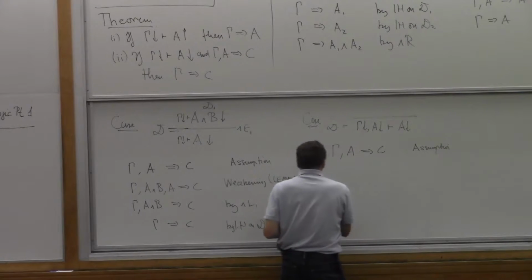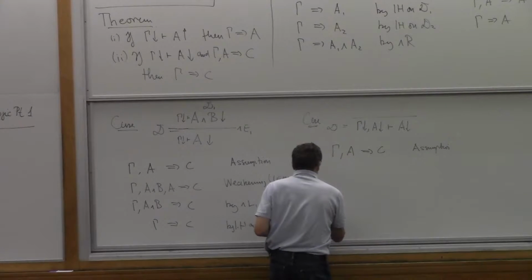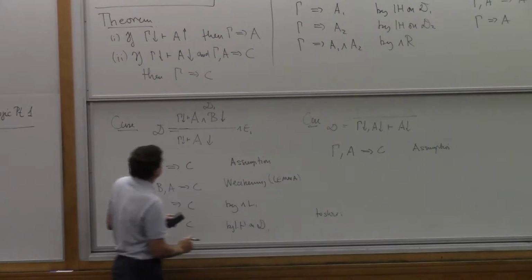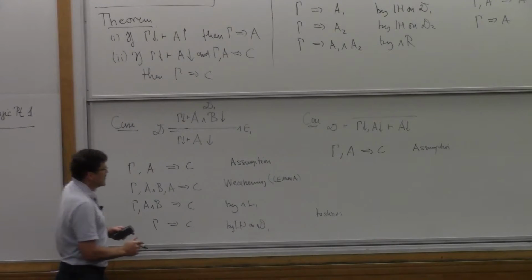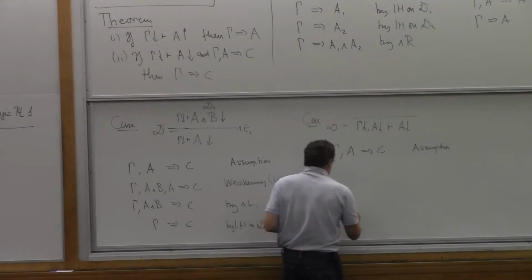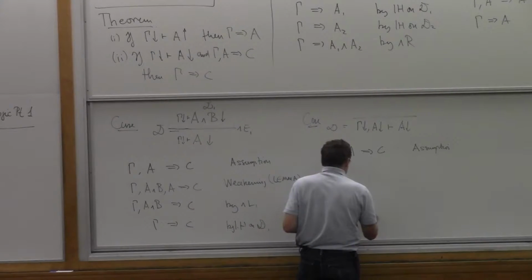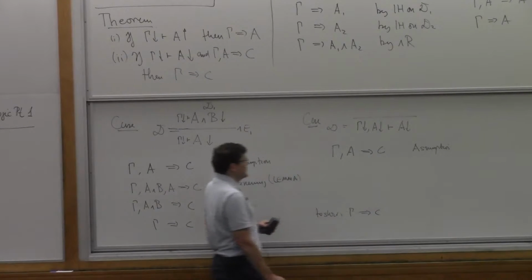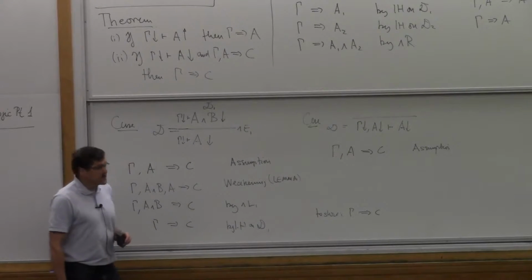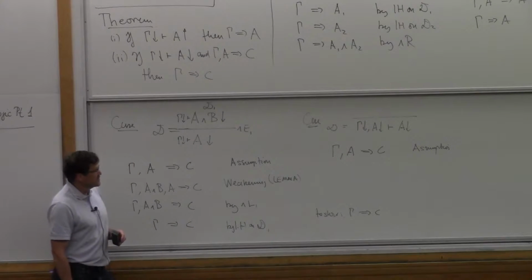And what are we trying to show? What are we trying to show in this case? Okay, gamma proves C. Okay. Now, I was being sloppy here. Actually, I did the wrong thing. What's our real assumption?